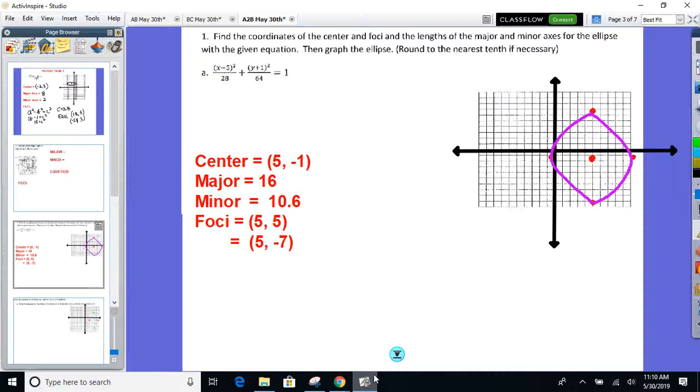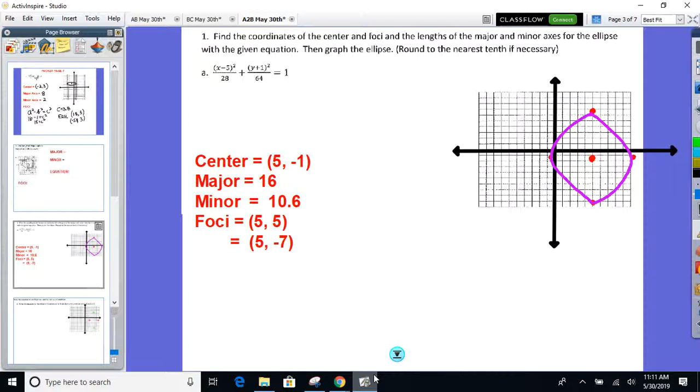Check the work here when you're done. I'll go over anything you need to. Here's everything you needed to find. I've got to make sure we're solid because I'm going to throw a couple different tricks at you here today. Everyone good on the basics? Center, major, minor, foci. Ask now.